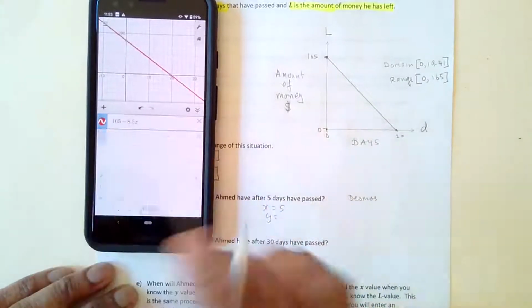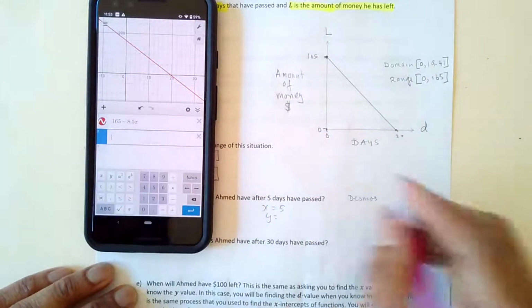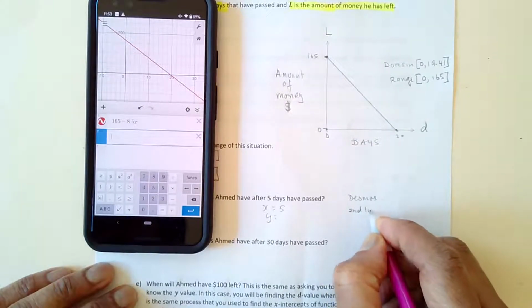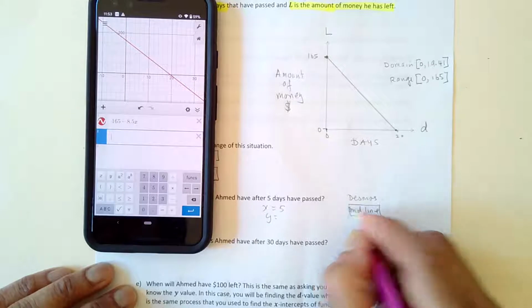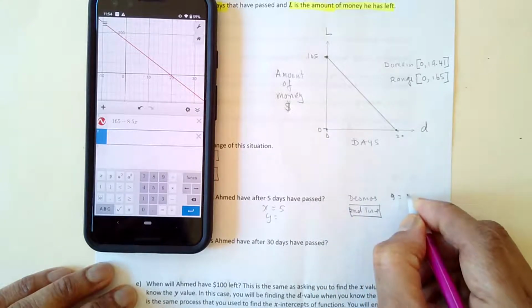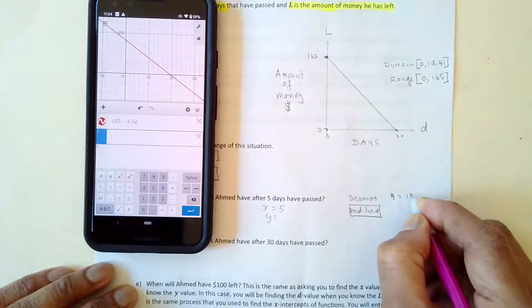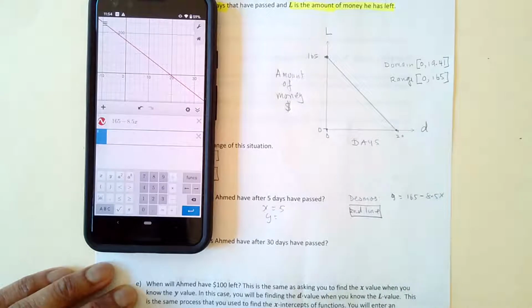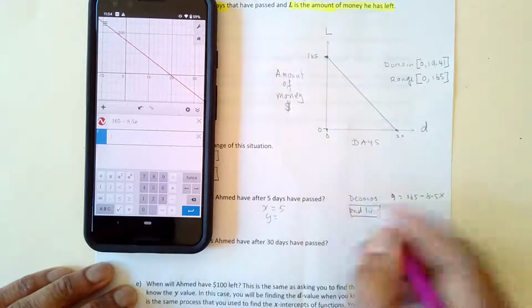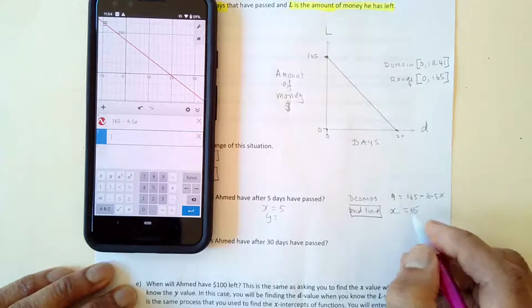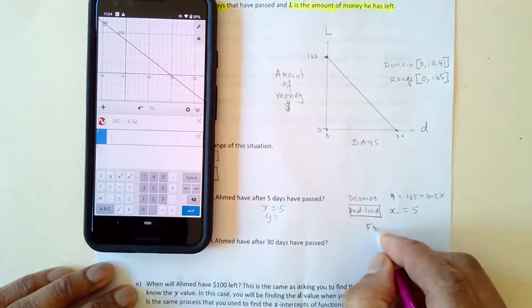On the first line we have y is equal to 165 minus 8.5x. We already have that. Second line, let x equal 5, and then find the intercept.